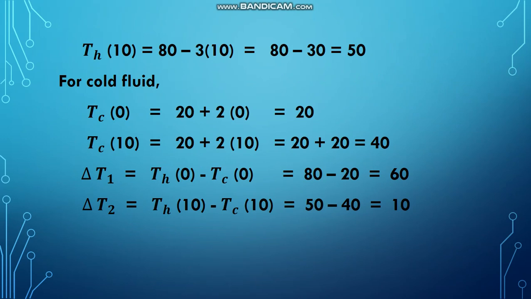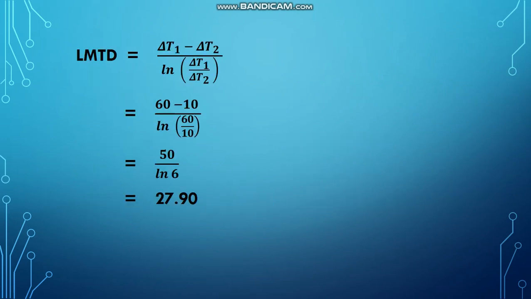Now calculating delta T1, which is equal to TH of 0 minus TC of 0, which is 60. Similarly, delta T2 is TH of 10 minus TC of 10, which is equal to 50 minus 40, that is 10. Now, considering the formula, LMTD, the logarithmic mean temperature difference, is equal to delta T1 minus delta T2 by ln of delta T1 by delta T2.